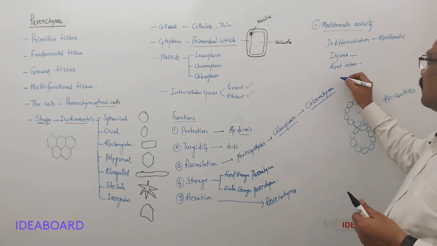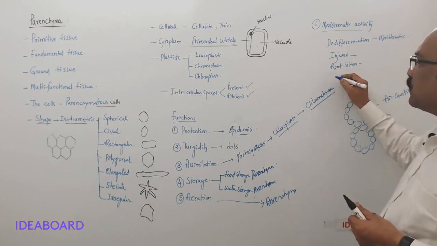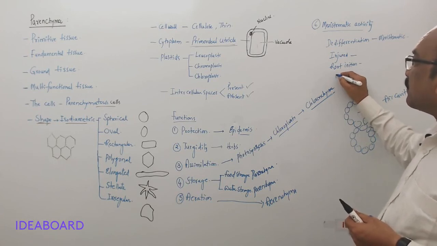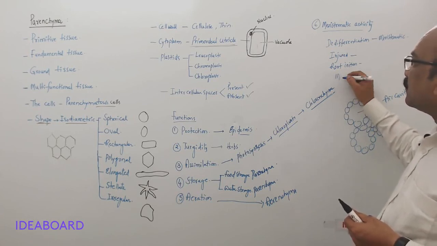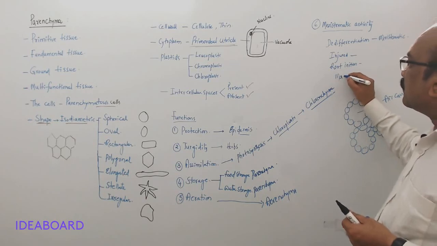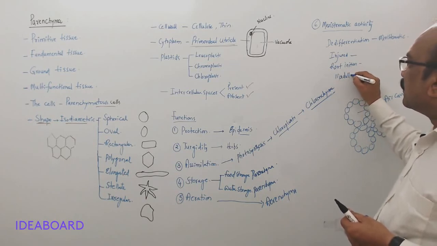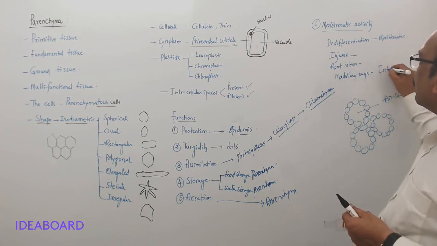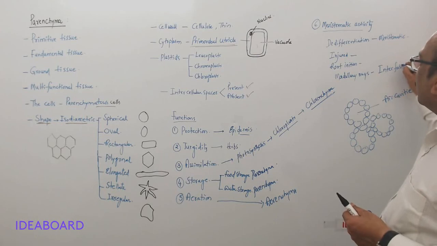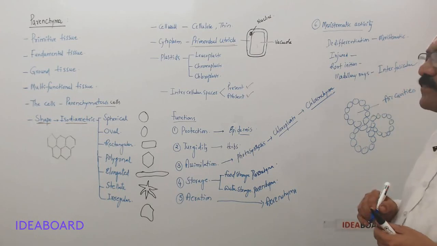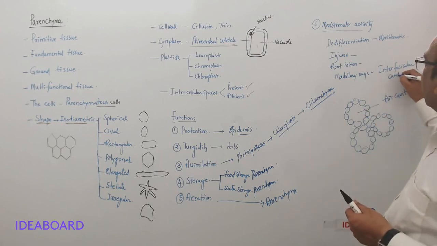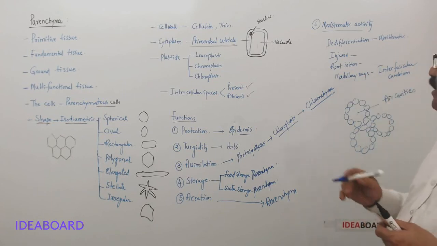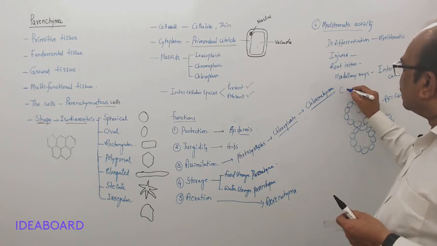And don't forget, during secondary growth in dicot stem, interfascicular cambium is formed due to the dedifferentiation of medullary rays. So what are these medullary rays? Elongated parenchyma cells.